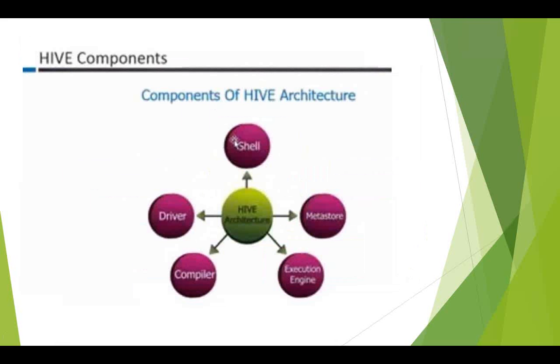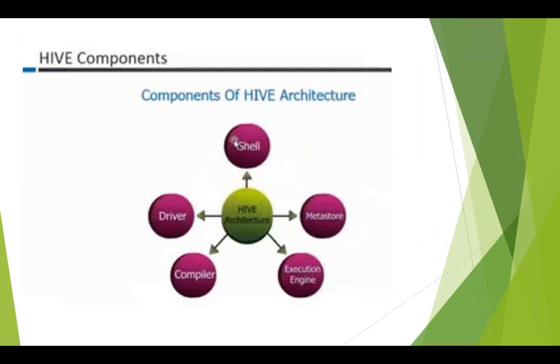Now we have to see what the different components of Hive are. Like other shell scripting, Hive has a feature, the shell. Then we have the meta store. What is this meta store? This meta store is simply the warehouse where every schema of the data we are creating in our HDFS will be stored.